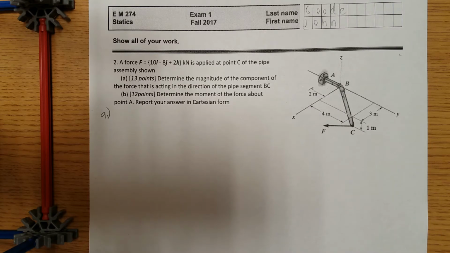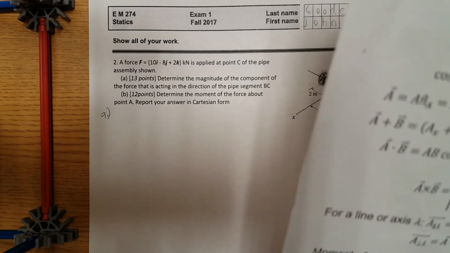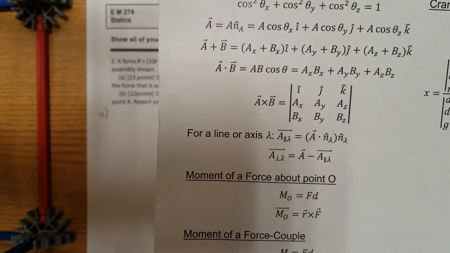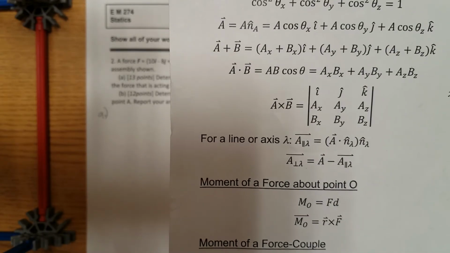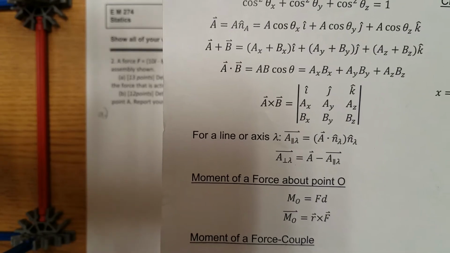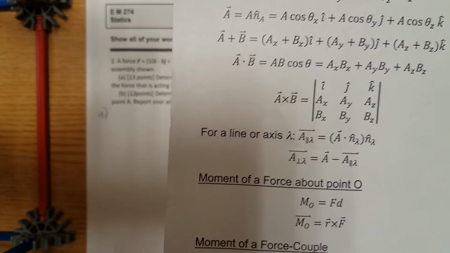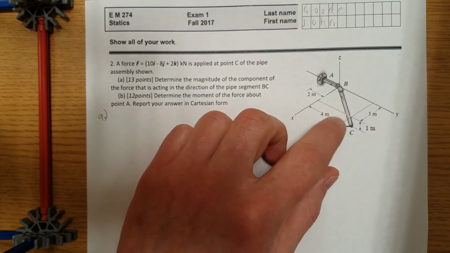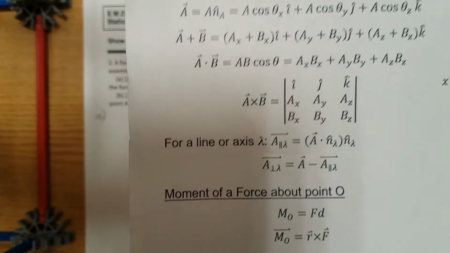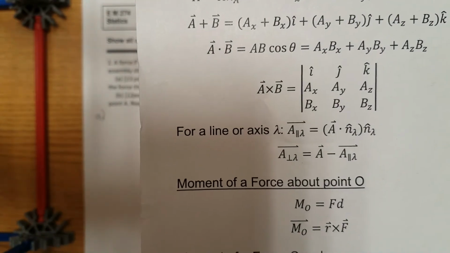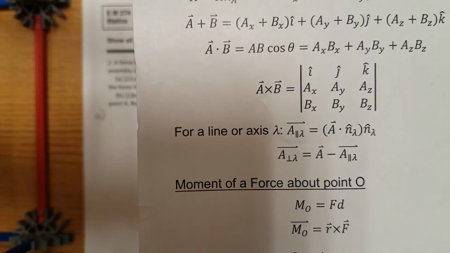I also have the equation sheet right next to me, and we can use this equation sheet to kind of guide our way through. So I'm going to show you right here. For a line or axis, that's showing that the force parallel to the axis that we want, or the force along this line, we're going to take A dotted with the unit vector of that axis.